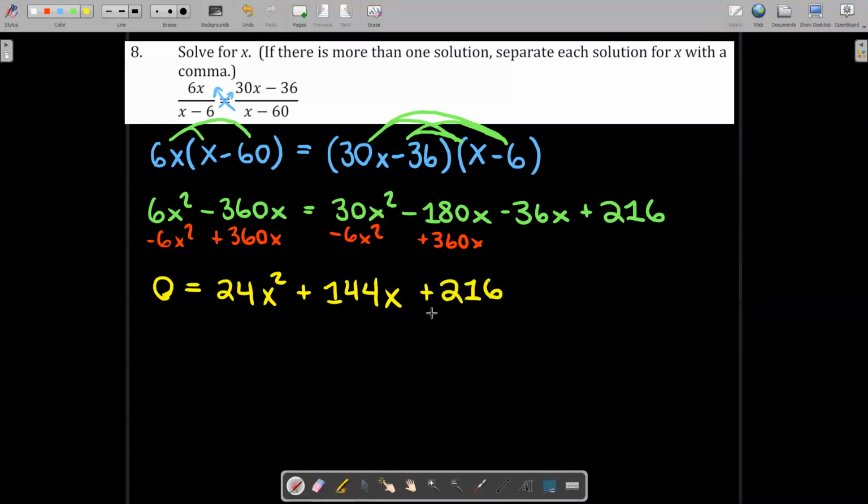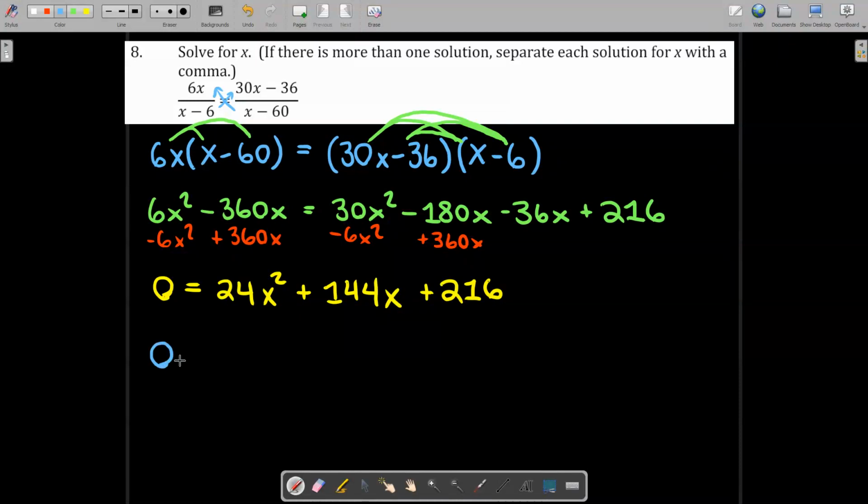Now, this trinomial looks incredibly intimidating because all of the numbers are so big. Remember, the first thing you do when you go to factor, even a trinomial, is you look for a greatest common factor. All of these are divisible by 2. All of them are divisible by 4. All of them are divisible by, I think, 8. But we can go higher. The greatest common factor of all these is actually the 24 itself.